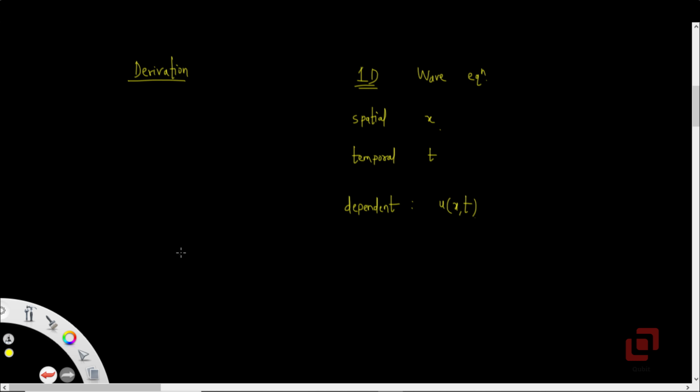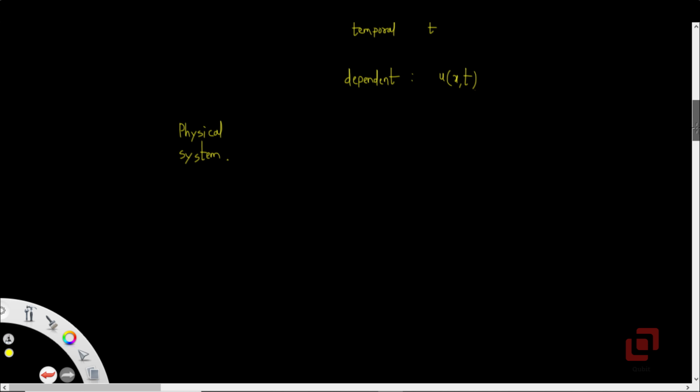Let me first describe the physical system which we are going to model. The physical system is going to be a vibrating string. Now this vibrating string is such that it is tightly held at its ends.